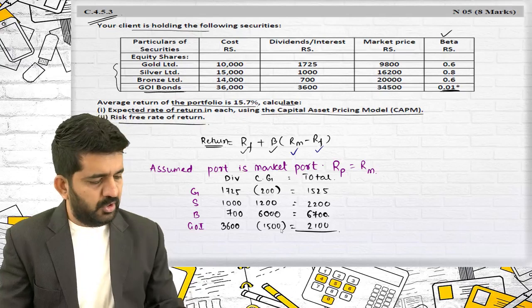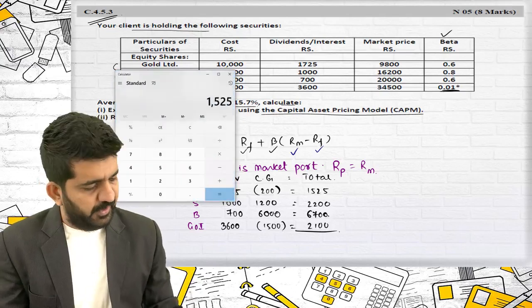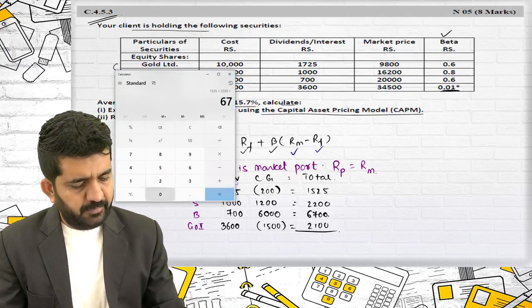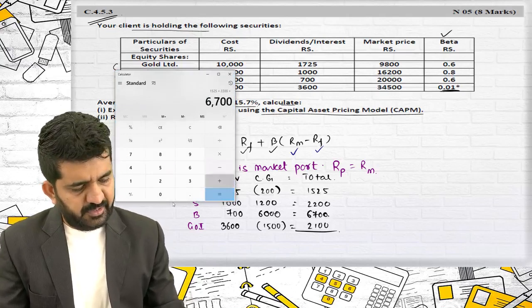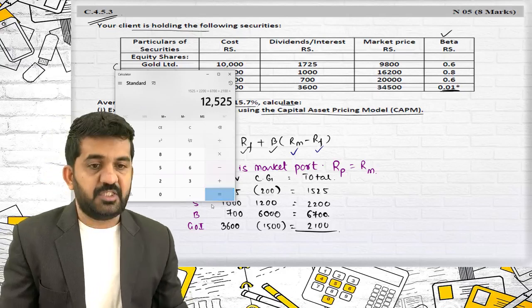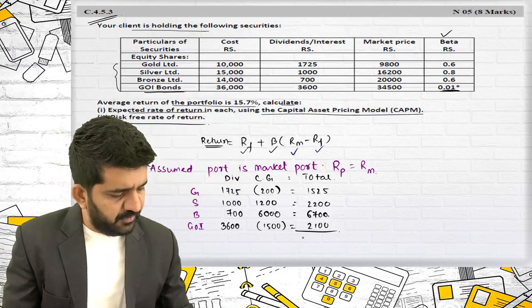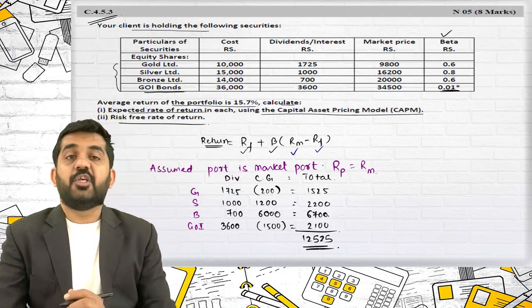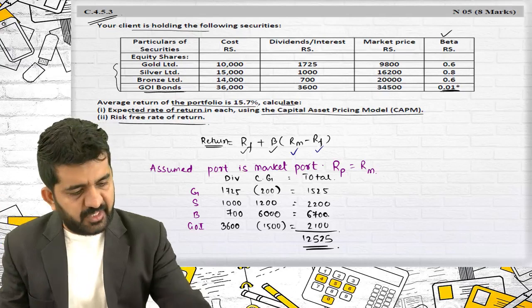If I do the total of the same, 1525 plus 2200 plus 6700 plus 2100 is equal to 12,525. This is my total return on my investment. And what was my investment?